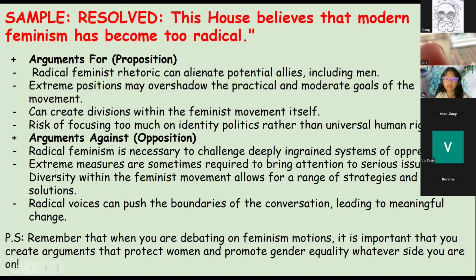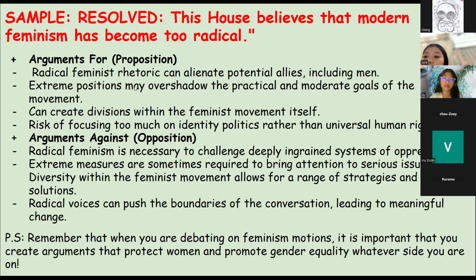Okay, thank you, Zoe. So after this, the arguments for the proposition and against the opposition, there is a thing that I want you to note down that is very important when you are debating feminism motions.